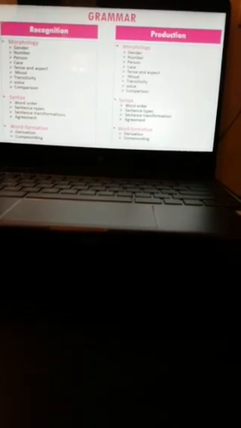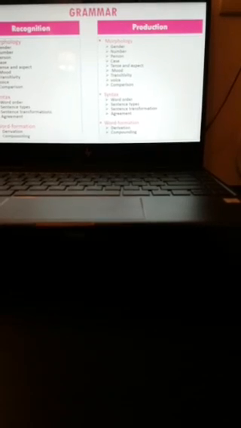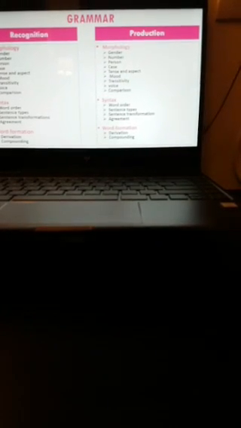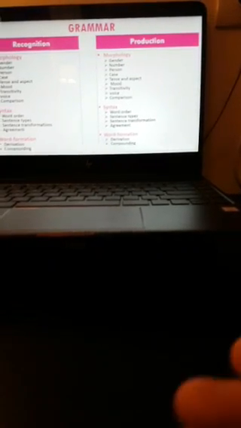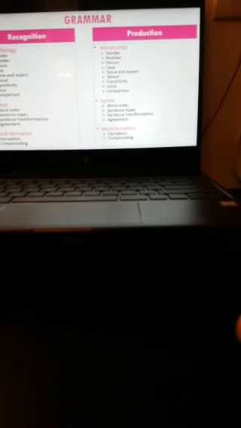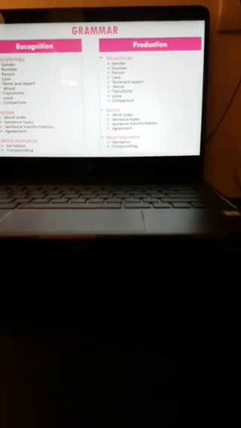Syntax means word order. And here we mean sentence types, how we form questions, how do we change a statement to a question, to a negative, to passive, to active, to a complex sentence, embedded sentence, emphatic sentence.